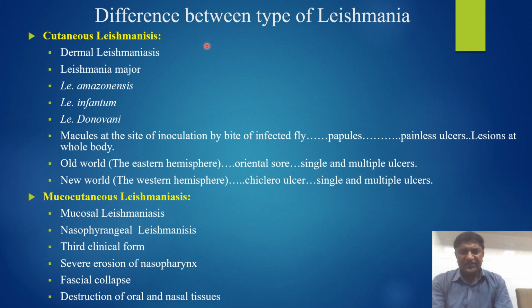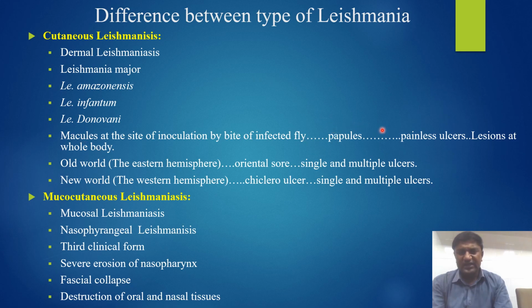Now the difference between the types of Leishmania. The first one is cutaneous leishmaniasis, also called dermal leishmaniasis. It is caused by Leishmania major, Leishmania amazonensis, Leishmania infantum, Leishmania donovani. When the sandfly bites, it makes macules at the site of inoculation by the bite of the infected fly, and these macules change into papules.